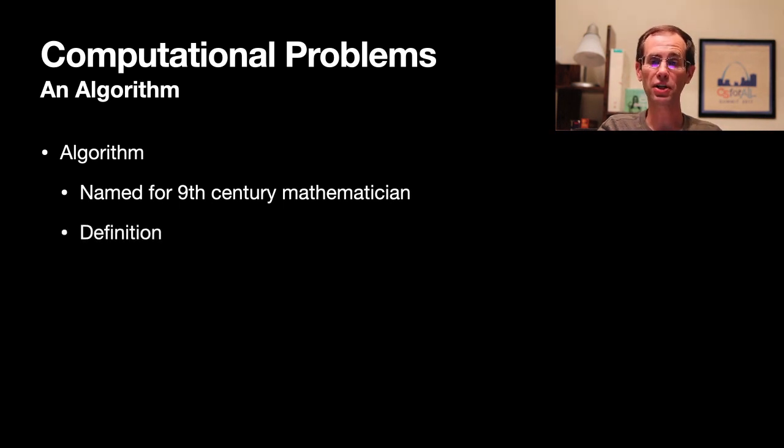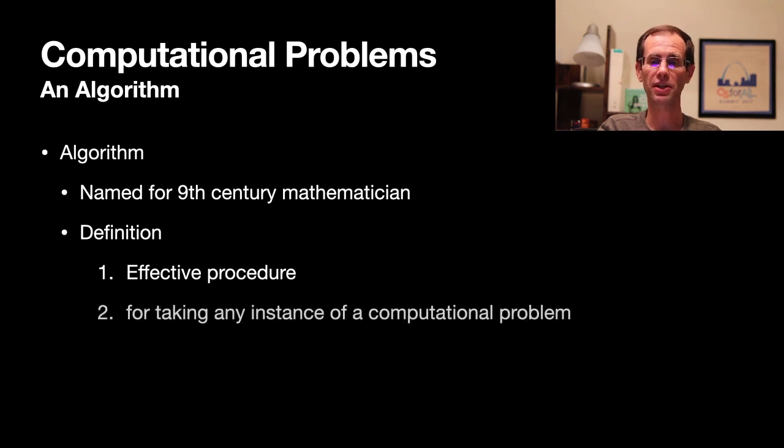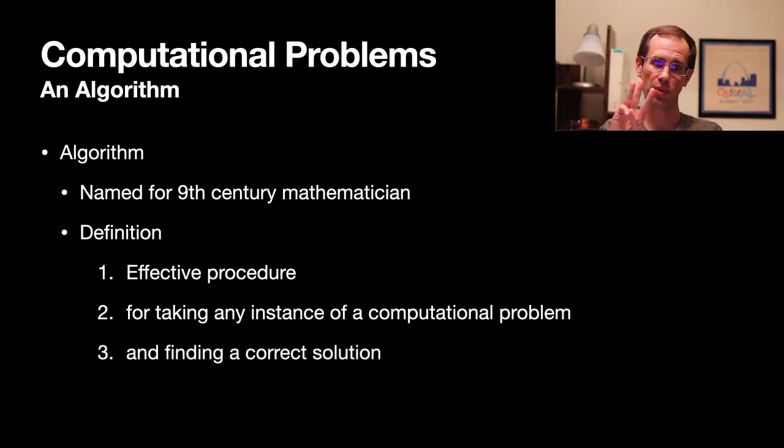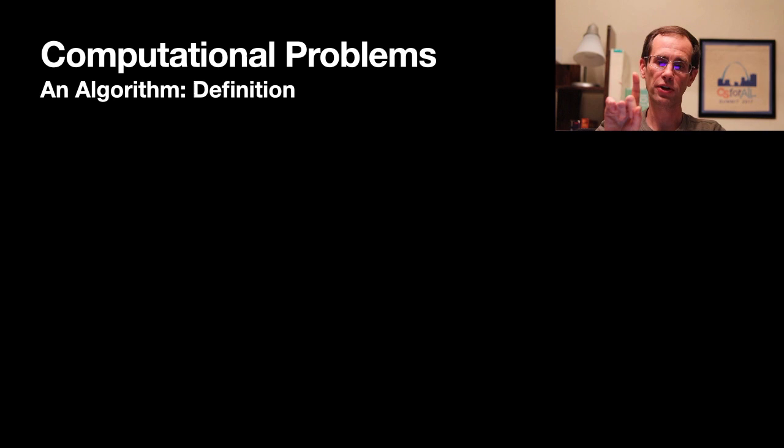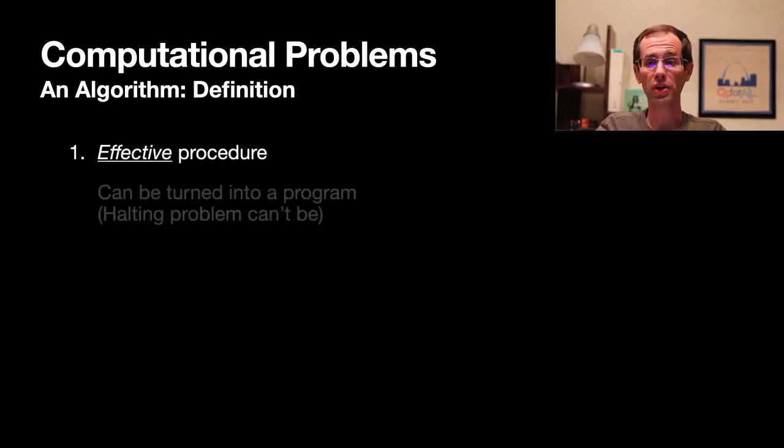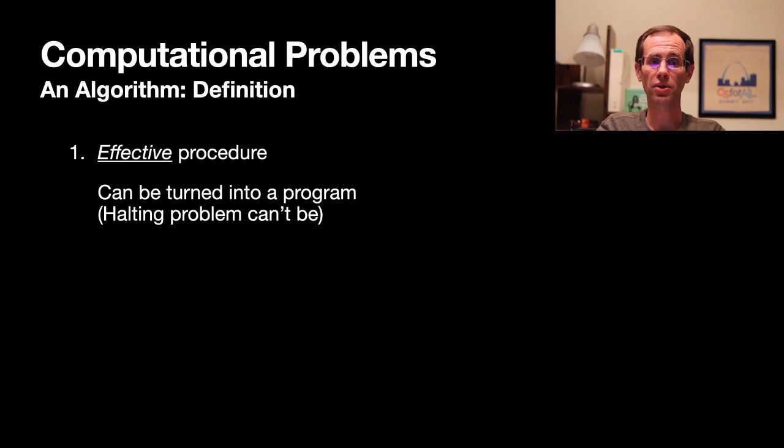The basic definition of an algorithm is that it's an effective procedure for taking any instance of a computational problem and finding a correct solution. So let's break down all three of those parts. First off, it's an effective procedure. What we really mean by that is this is something that can be turned into a computer program. That halting problem that was mentioned just a minute ago, it turns out there's no real way to convert that into an algorithm, into a computer program.